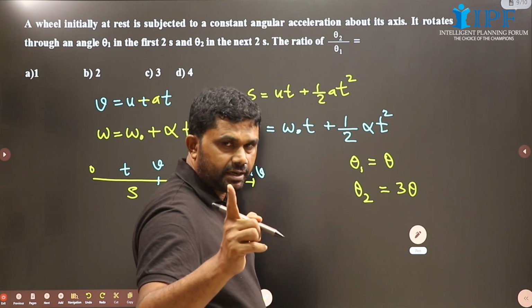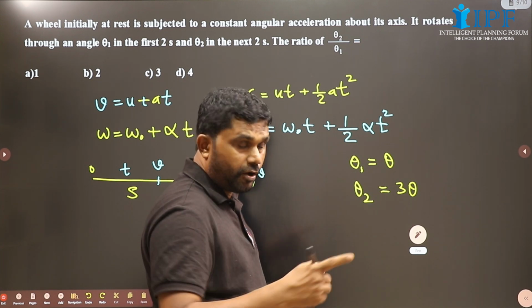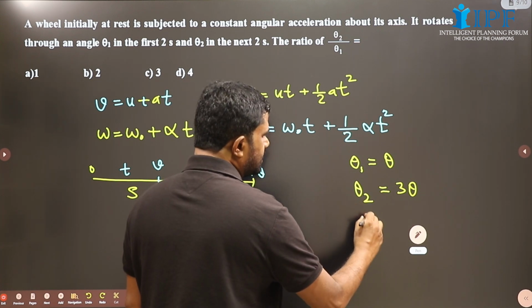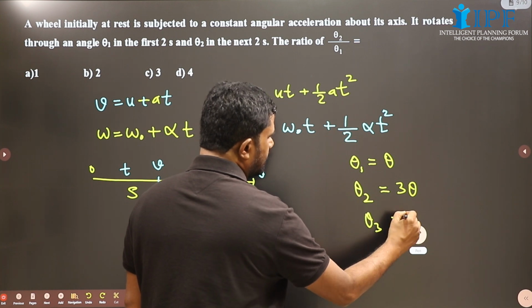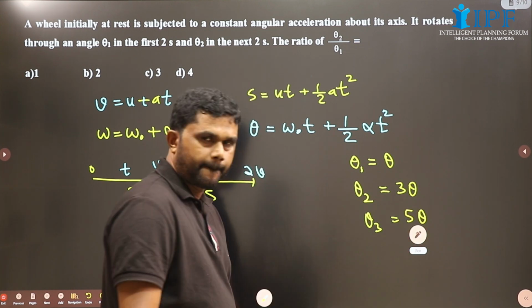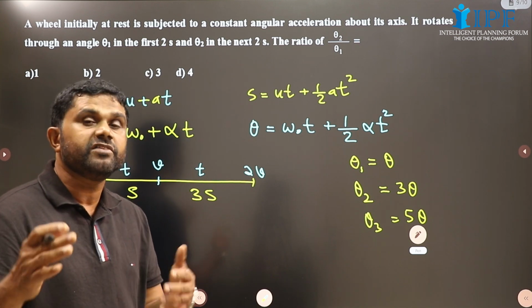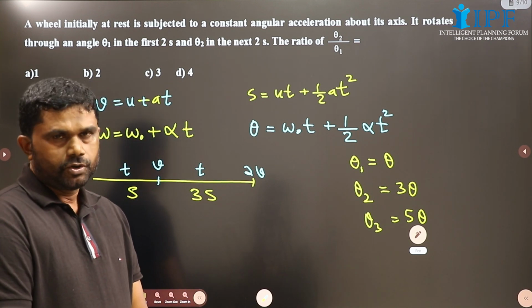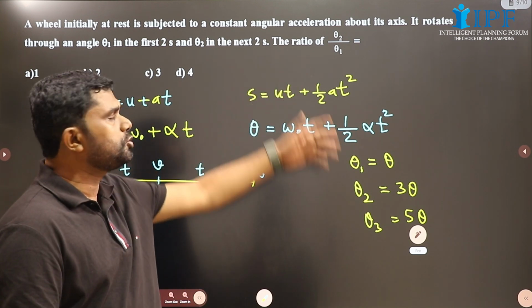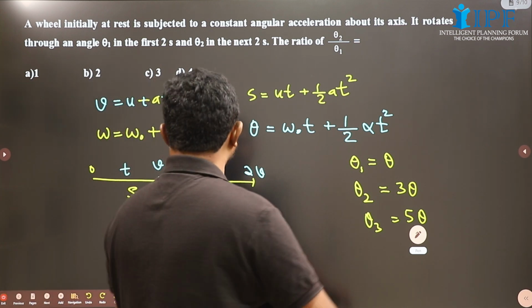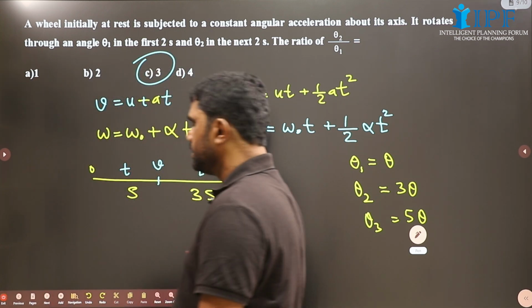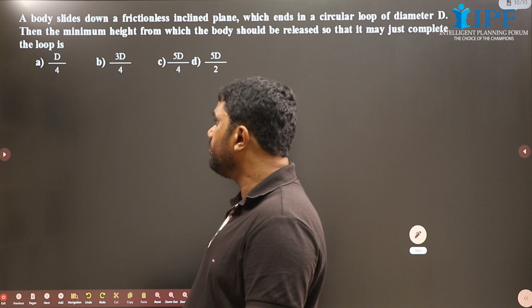During the third interval of the same duration, it will be 5 theta. In the next interval of the same duration, displacement will be 7 theta, like that. Here we have to find theta 2 over theta 1. So it must be 3. Right. Now let's see what we have next.